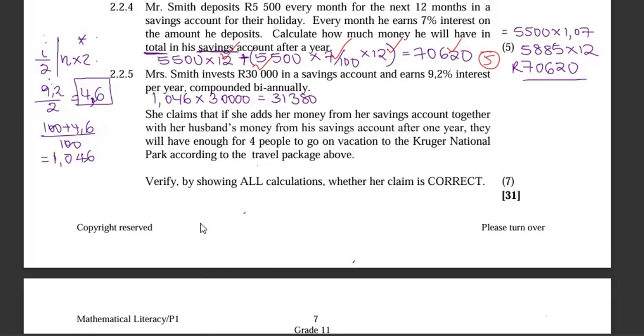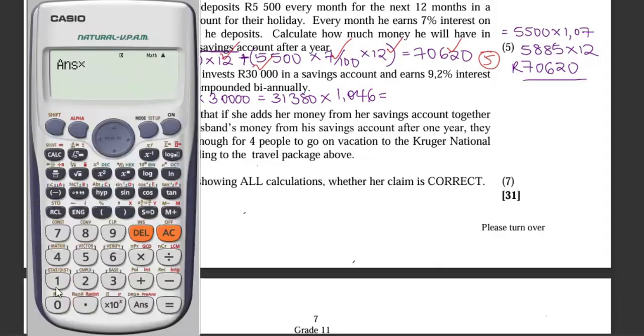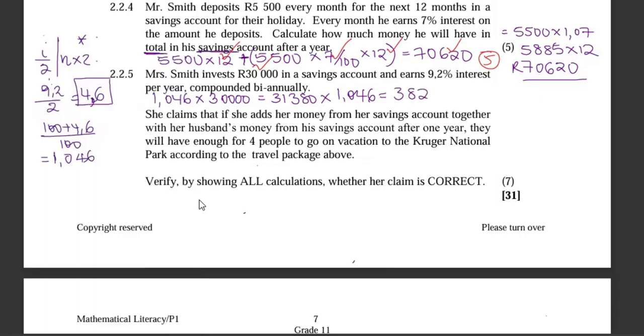This is the first 6 months. Then we multiply the same money with the same. Let's go back to your calculator. Just multiply the money with 1.046. Remember, this is compound. So the money becomes 32,820.